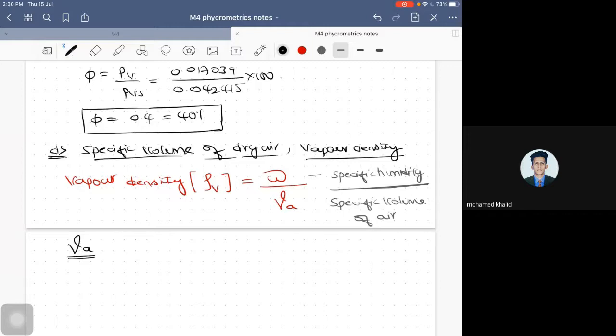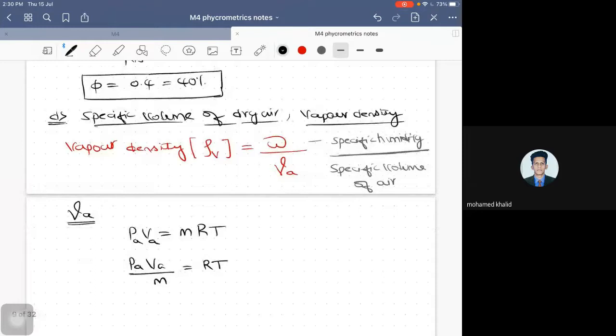How to do it? Go with the basics. It is PV equals mRT, right? So when I take it for air, it is PA VA. Now, if I transfer m to the other side, it would be PA VA divided by m equals RT, correct?